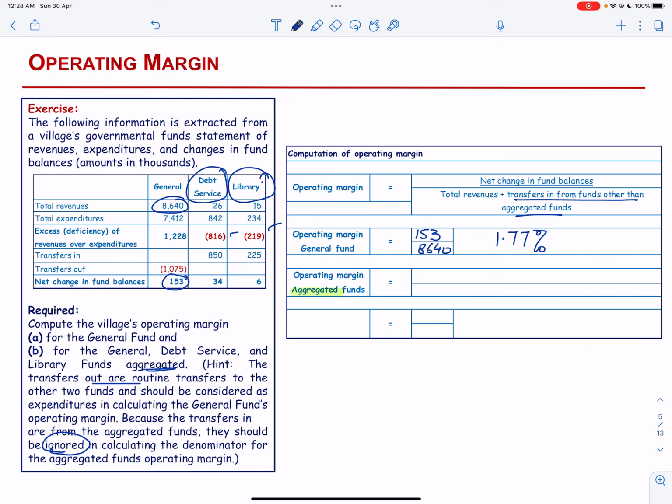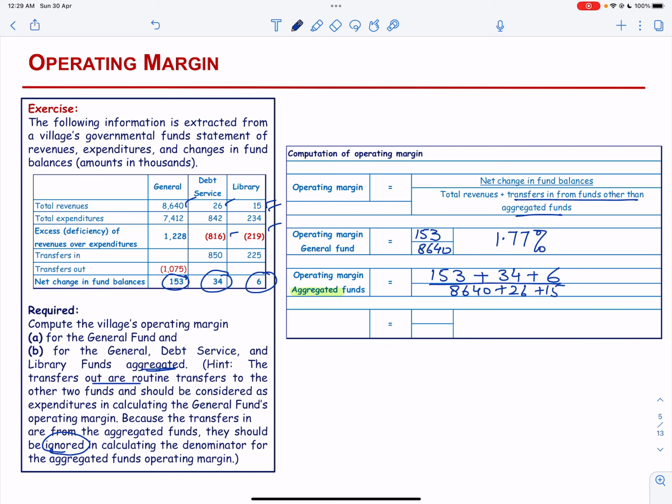Aggregated means we have 153 of the general fund plus 34 of the debt service plus 6 of the library divided by the total revenue, and for the general fund it is 8640 plus debt service is 26 plus 15 for the library, and there will be no net transfers.